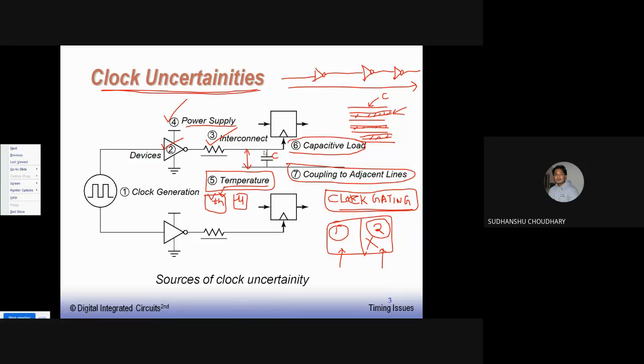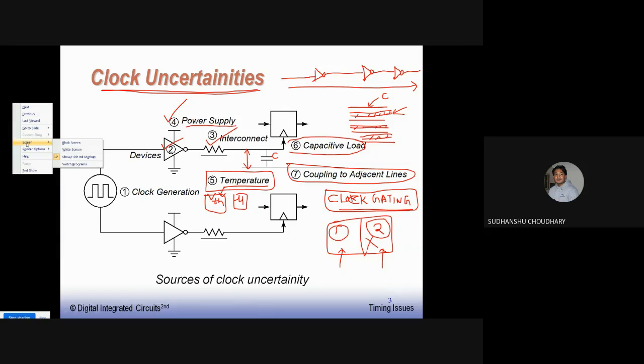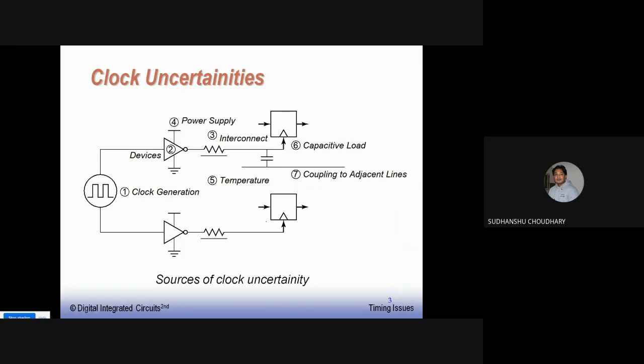So again it is a source of uncertainty in the clock signal, that is, skew and jitter are both possible. So these are actually the sources of clock uncertainties in the chip. Then there are many more, but yes, these are some of the basic sources of clock uncertainties.